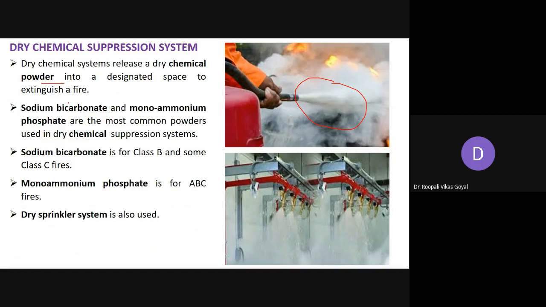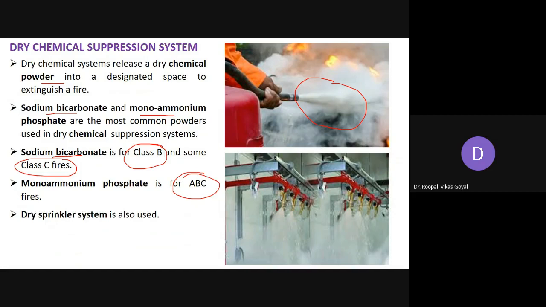So generally sodium bicarbonate and monoammonium phosphate are the most commonly used powders in dry chemical suppression systems. Sodium bicarbonate is used for class B and some types of class C fire also. If you are using ammonium phosphate, you can utilize it for ABC fire. Okay, all three types of fire.